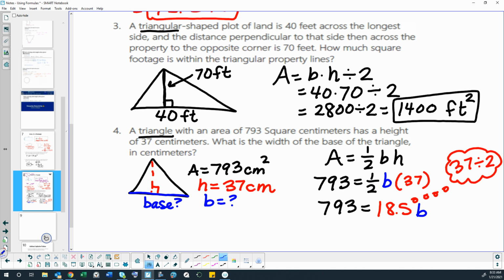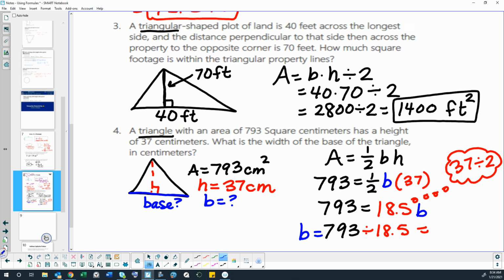So now, to find b, we're just going to divide both sides by that 18.5. So b is going to be 793 divided by 18.5, because we want to get the b by itself, so we're dividing by the coefficient. And we get the answer.